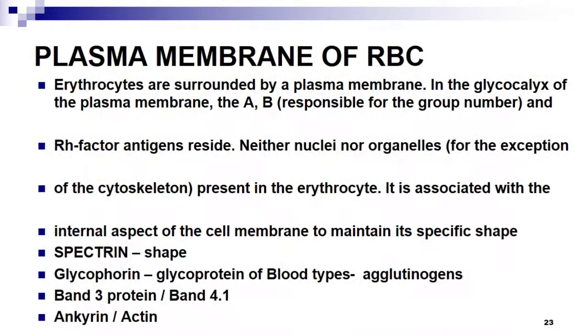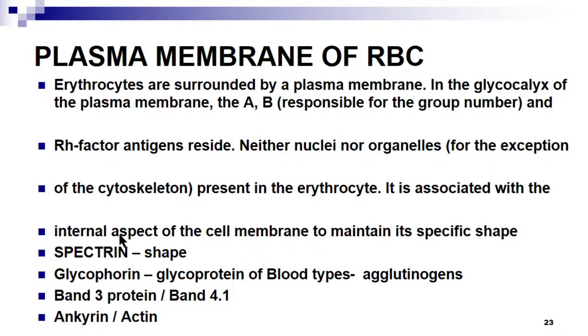The plasma membrane is the site for this discussion. Erythrocytes are surrounded by the plasma membrane. In the glycocalyx of the plasma membrane, the A and B antigens responsible for the blood types are present. The specialized receptors which carry the agglutinogens are named glycophorins.